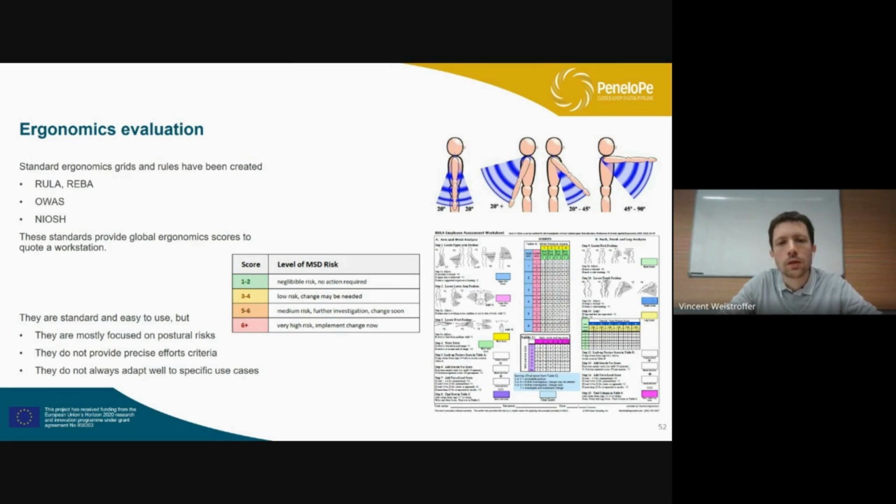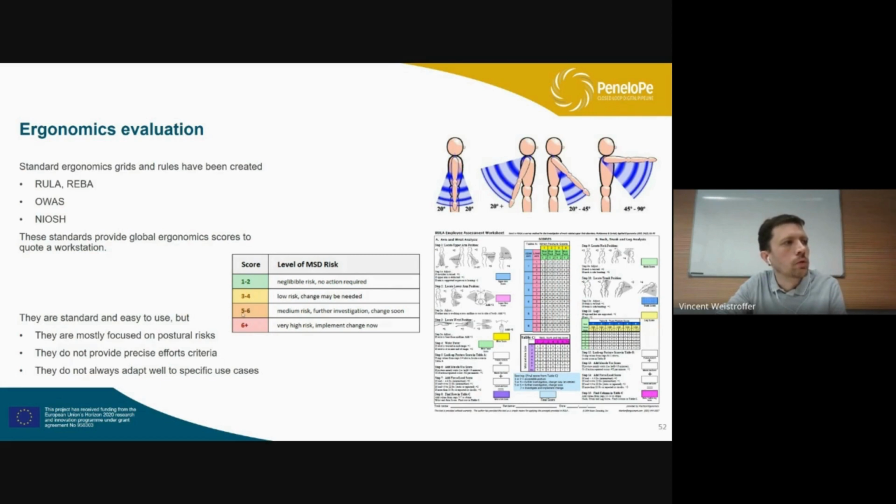And at the end, when you fill this grid, you get a global score, ranging from 1 to 8 or 9, it depends. If the final score is between 1 and 2, it means that there is a negligible risk of getting an injury. If the final score is between 3 and 4, then it's a low risk, but it's better if you change the workstation.